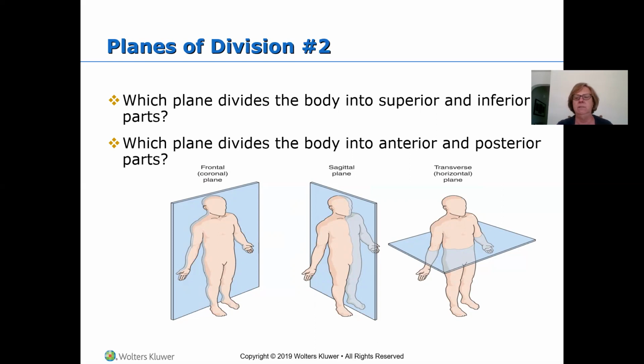Most often, these directional terms are in relation to body imaging techniques like a CT or an MRI, and that's the way they are dividing the images up, going from head to foot, usually by a transverse or horizontal plane.